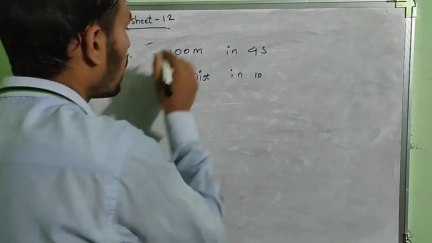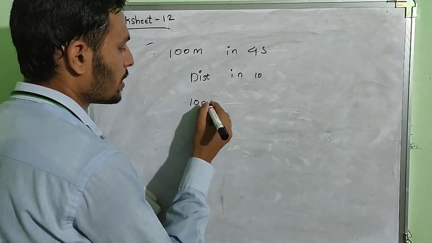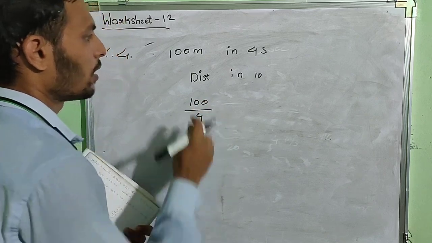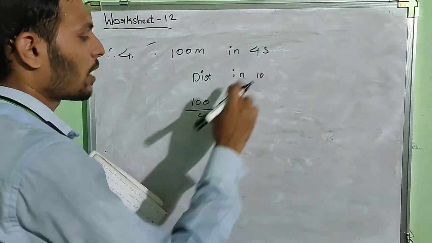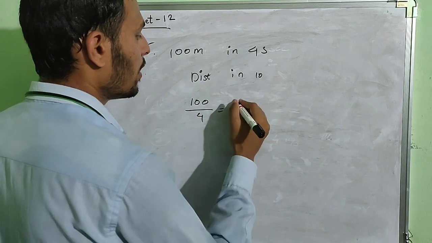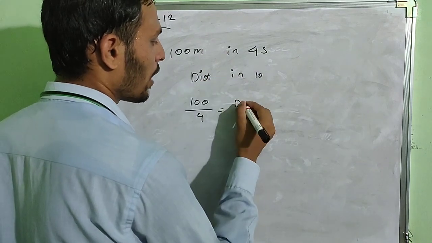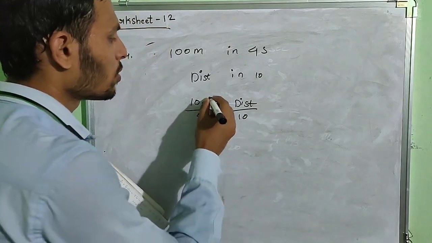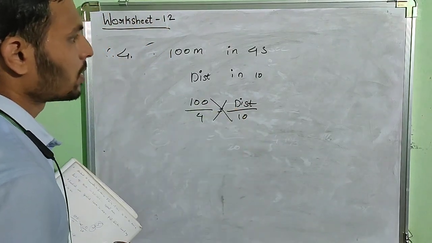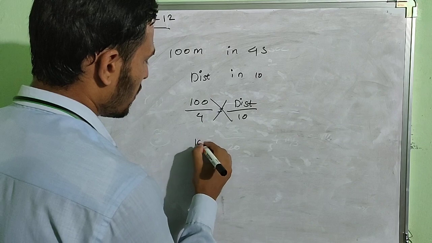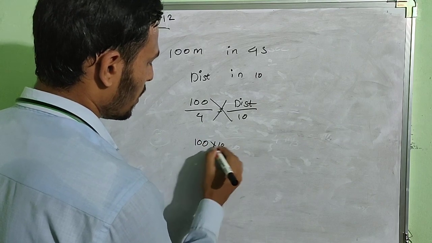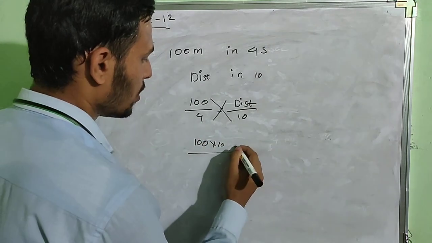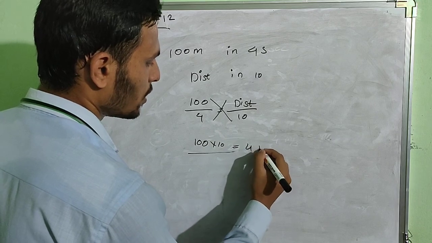Let us form this. For the first case, I wrote distance by time. Similarly, we don't know the distance here, so we need to calculate the distance for time 10 seconds. Cross multiplying these terms, 100 into 10 is equal to 4 into distance.